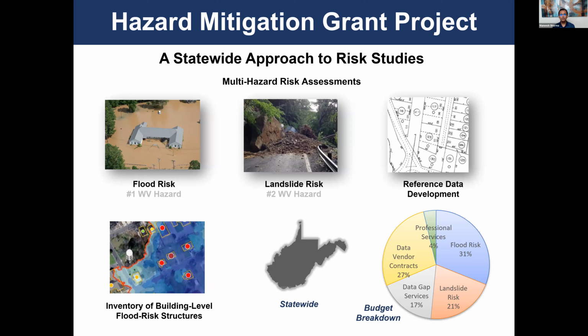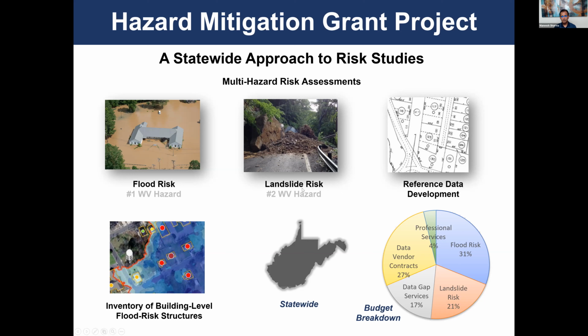So this is part of the FEMA project. It is a multi-hazard risk assessment project. We were awarded this through the state from FEMA, and we are trying to assess both flood and landslide risk in the state. The third aspect of this project is reference data development.